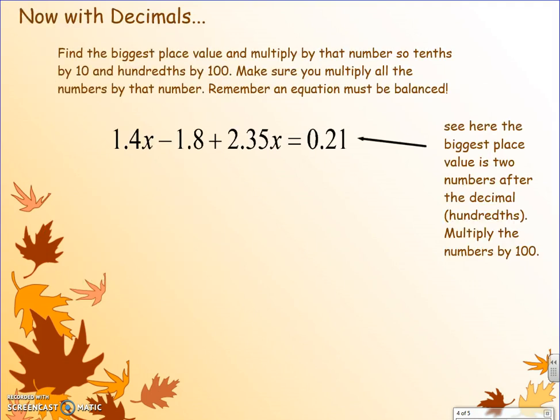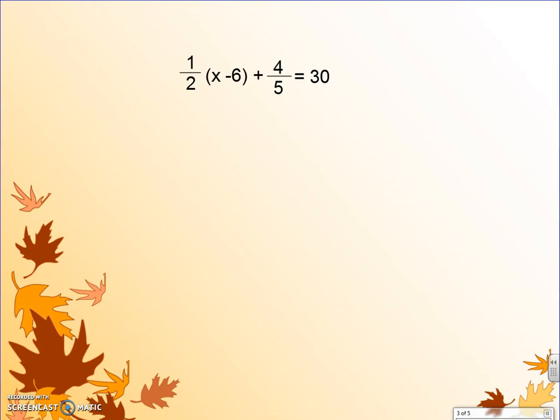Okay, so one thing I do want you to remember is if there is a parentheses, so if there's a number being distributed, you can still clear fractions, but you cannot multiply with the numbers inside the parentheses. So if I clear here, I can either distribute first and then clear, if this confuses me, or I can find my common denominator but only multiply the numbers that are not part of the parentheses.